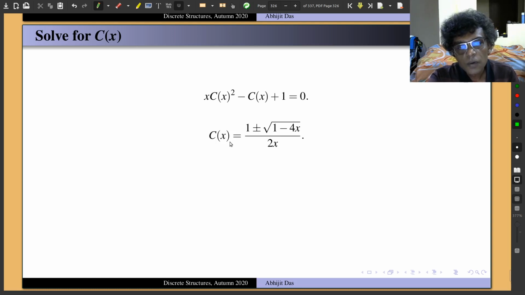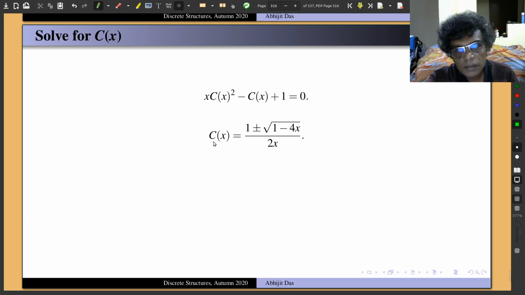Now the question is, which radical or which sign shall I take, plus or minus? You see that if you take plus, 1 is there, and the infinite expansion of this root will give you another 1 here, and therefore you will end up with a term called 1 over x.